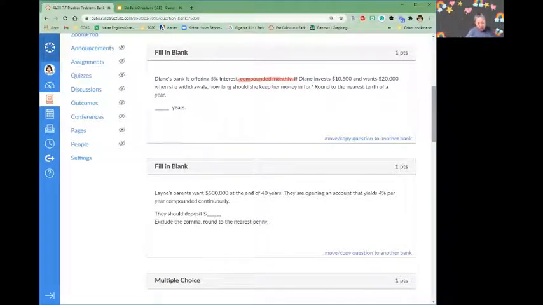Since this gives us a situation with interest compounded monthly, if we recall the formula, the formula appropriate for this situation will be the amount.